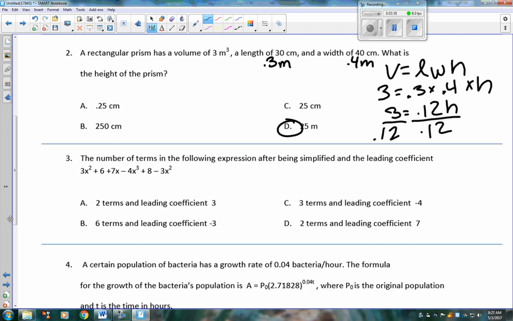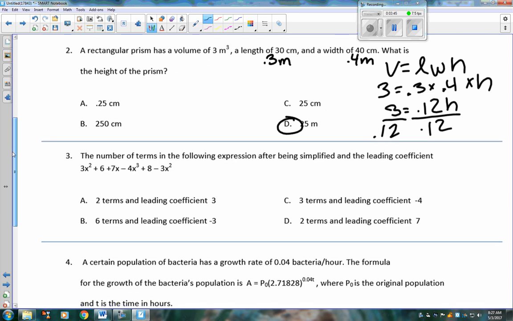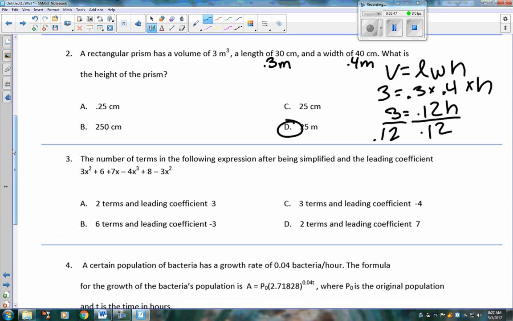D. In your calculator, put in 3 divided by 0.12. Do you get 25?